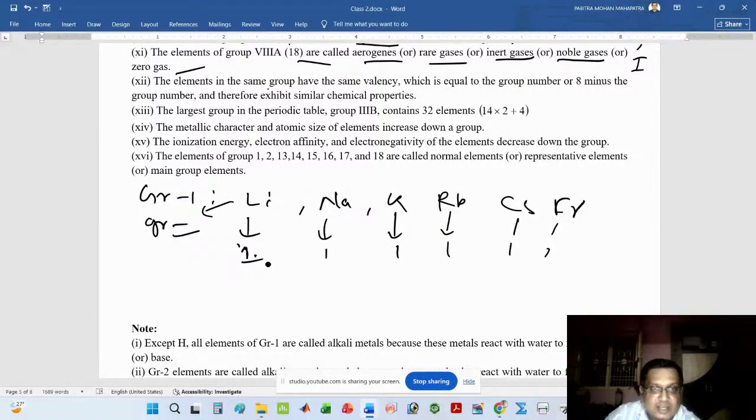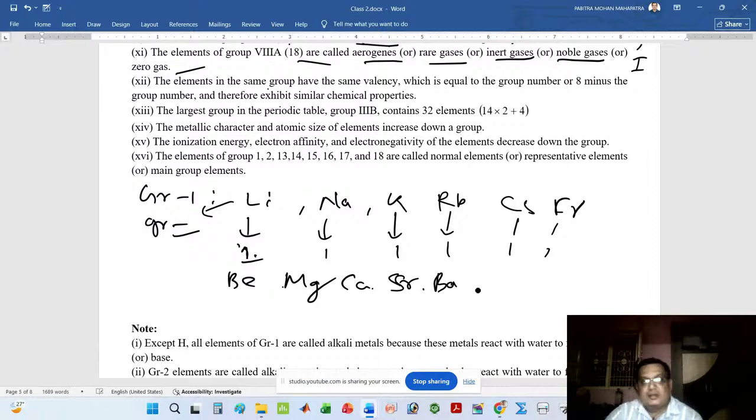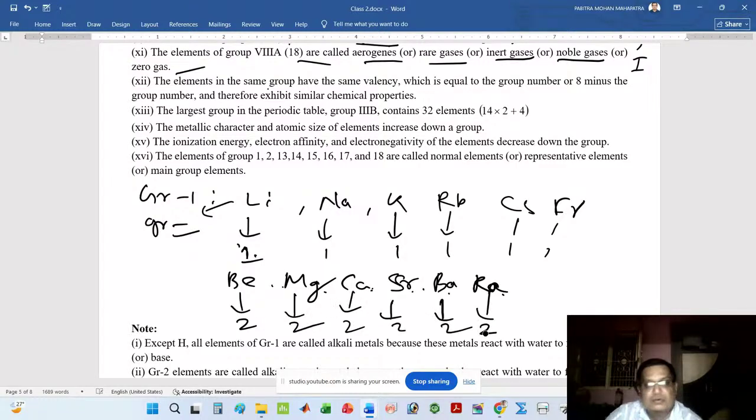Similarly, you can think about the second group: beryllium, magnesium, calcium, strontium, barium, radium. If you see the electron configuration, the number of valence electrons is 2 for all of them, and these belong to group 2.